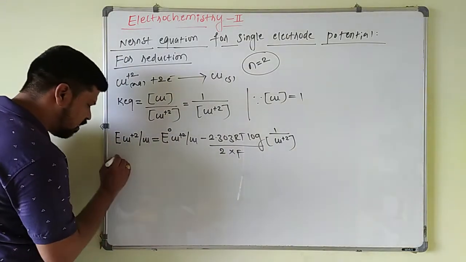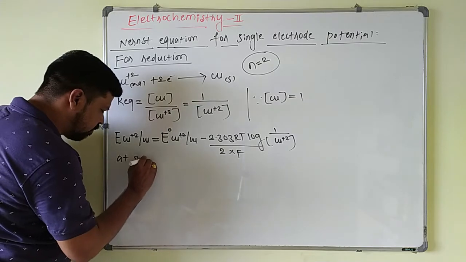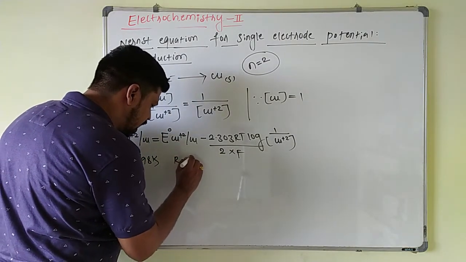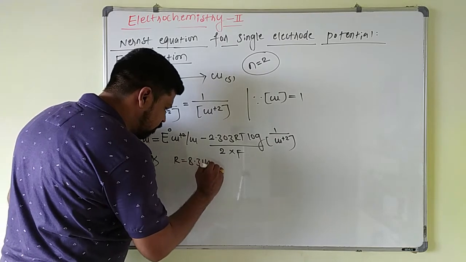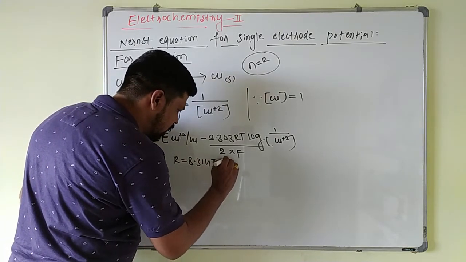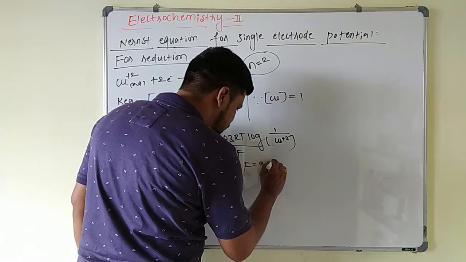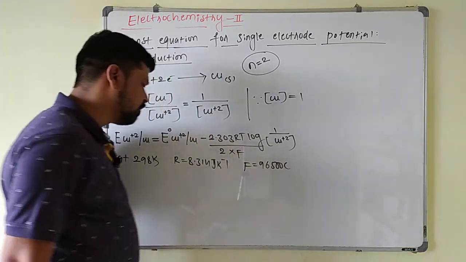Now here at 298 Kelvin, again R is equal to 8.314 joule per Kelvin. Next, Faraday is equal to 96,500 Coulomb.